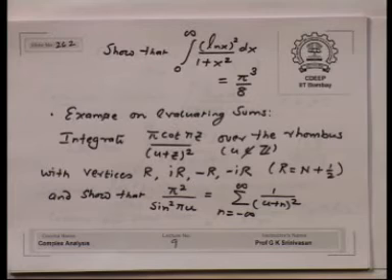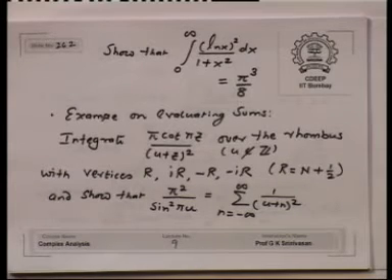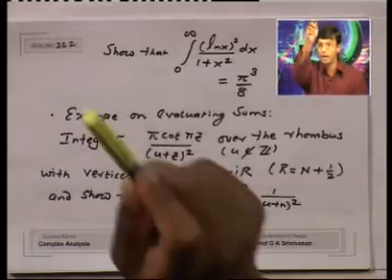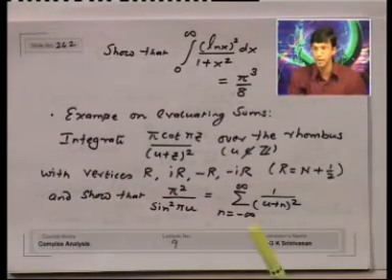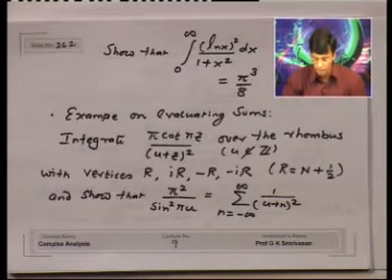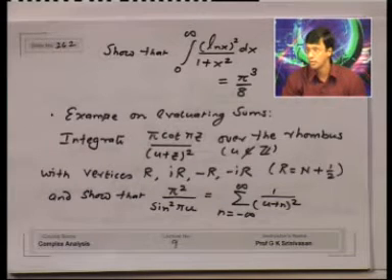Integrate pi cot pi z upon (u plus z) the whole squared over the rhombus with vertices r, ir, minus r, minus ir. Along that rhombus, you integrate pi cot pi z upon (u plus z) the whole squared, correct.